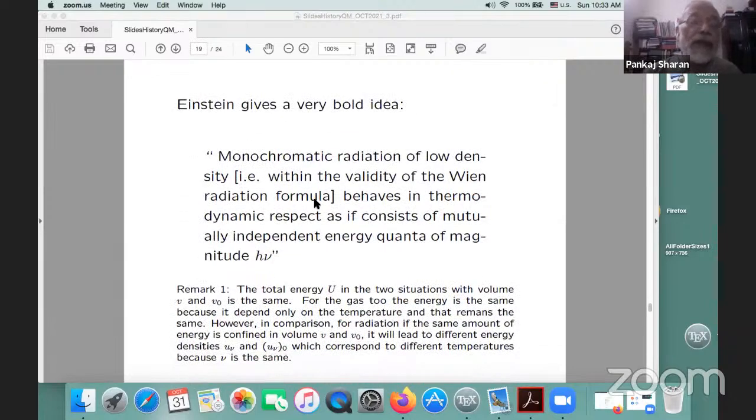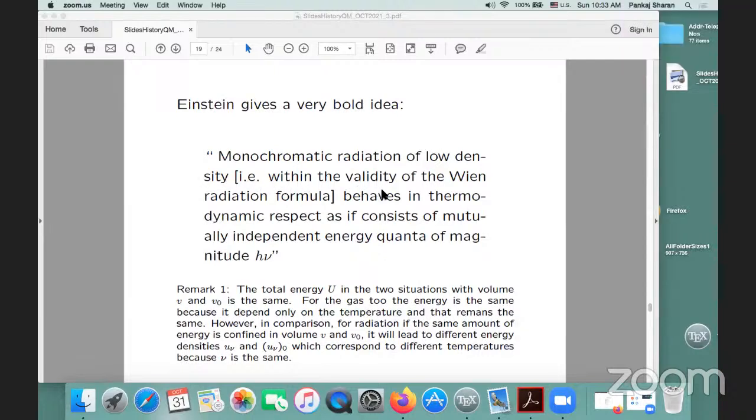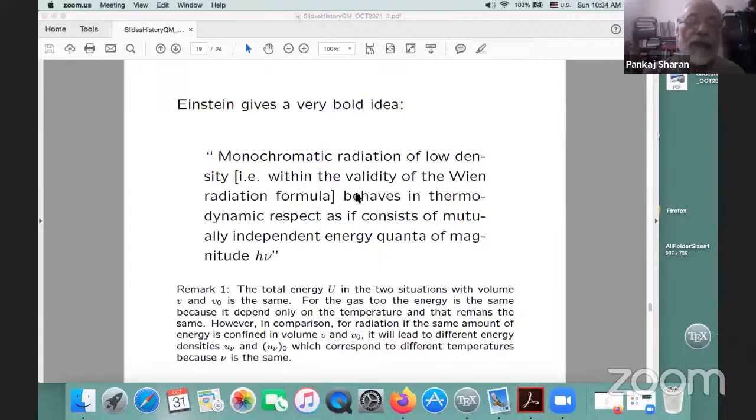It's a very bold idea. It says that monochromatic radiation, that is radiation of fixed frequency of low density, that is within the validity of Wien's radiation formula, behaves in thermodynamic respect as if it consists of mutually independent energy quanta of magnitude h nu. Because it is raised to the power n, it means that all those probabilities are independent.